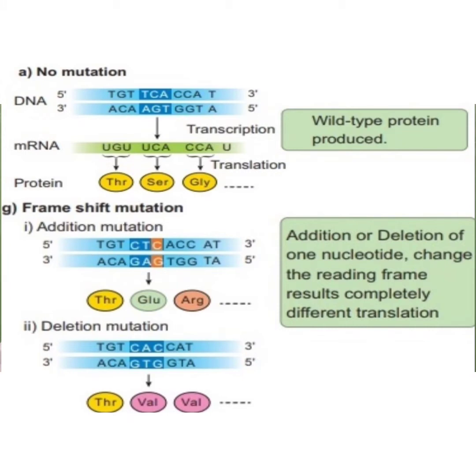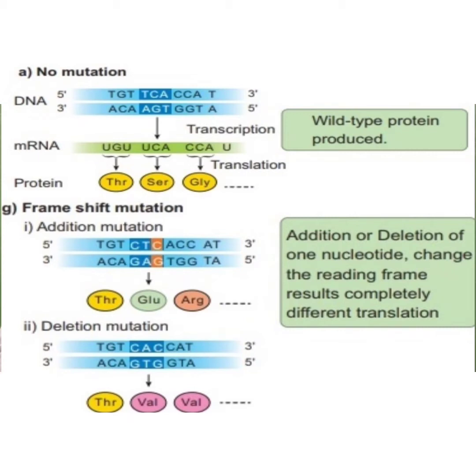Whereas in the addition mutation, the 5' 3' strand has TGT, CTC, ACC, AT, and the 3' 5' strand has ACA, GAG, TGG, TA, and this codes for threonine and glutamine instead of serine and arginine.